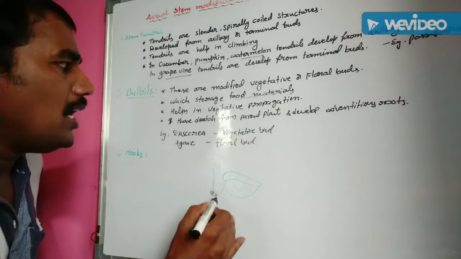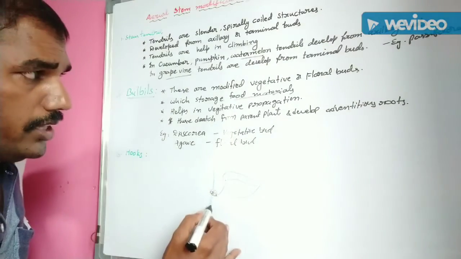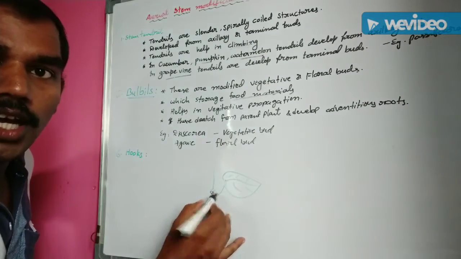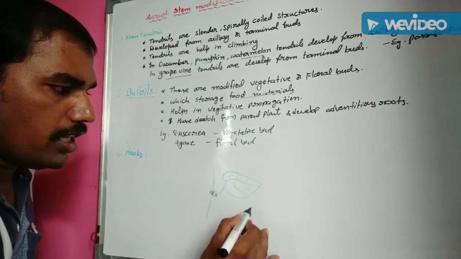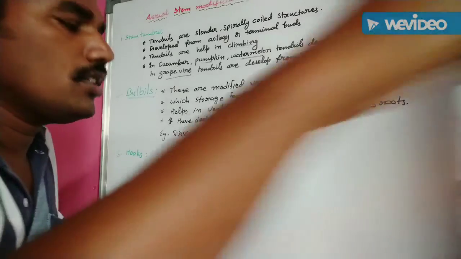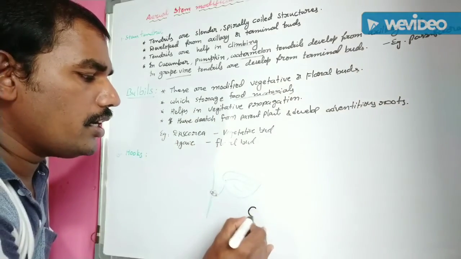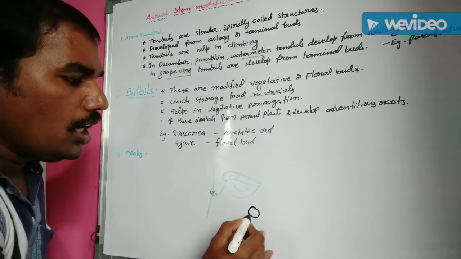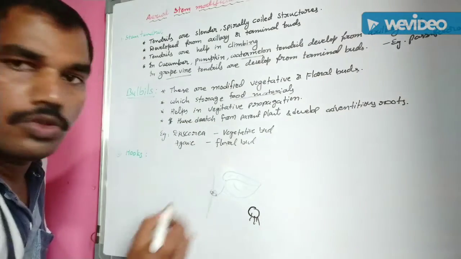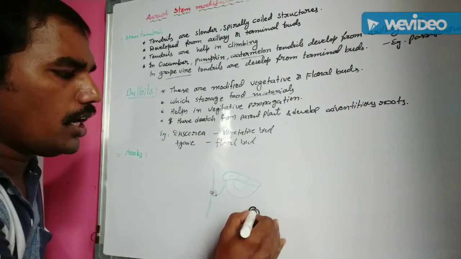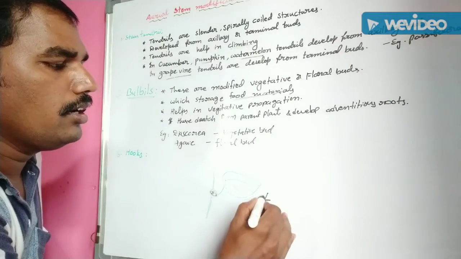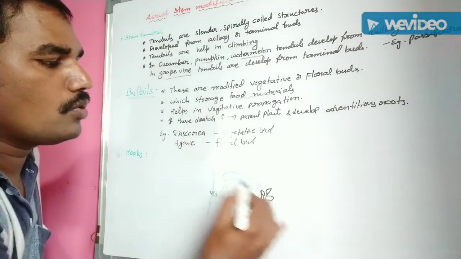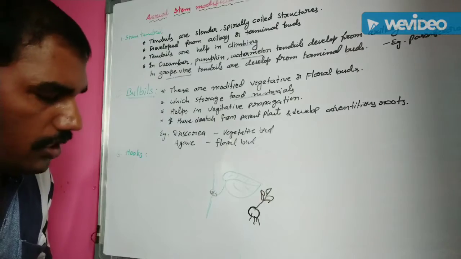Understand? These bulbils are detached from the mother plant. Suppose these bulbils are detached from the mother plant. They produce some adventitious roots and leaves, like another Dioscorea plant. Understand?